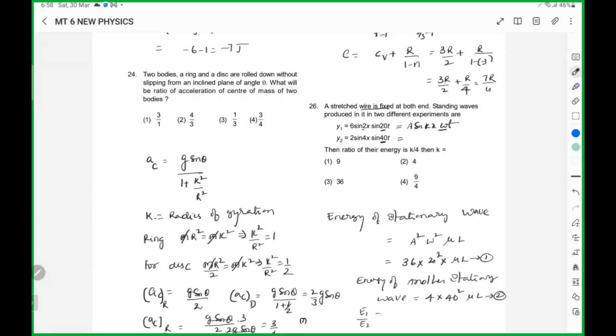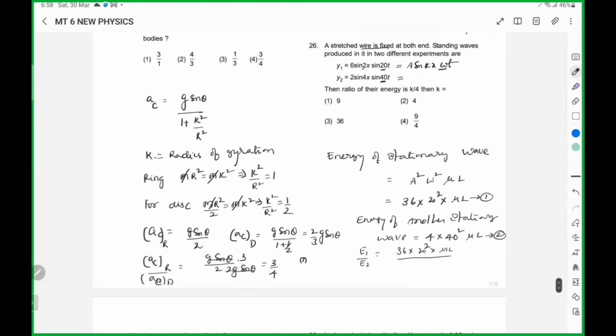So E1 by E2 is equal to 36 into 20 square mu L by 4 into 40 square into mu L. So 20 square means here it is 36 by 16, which is K by 4. So the value of K is 9.